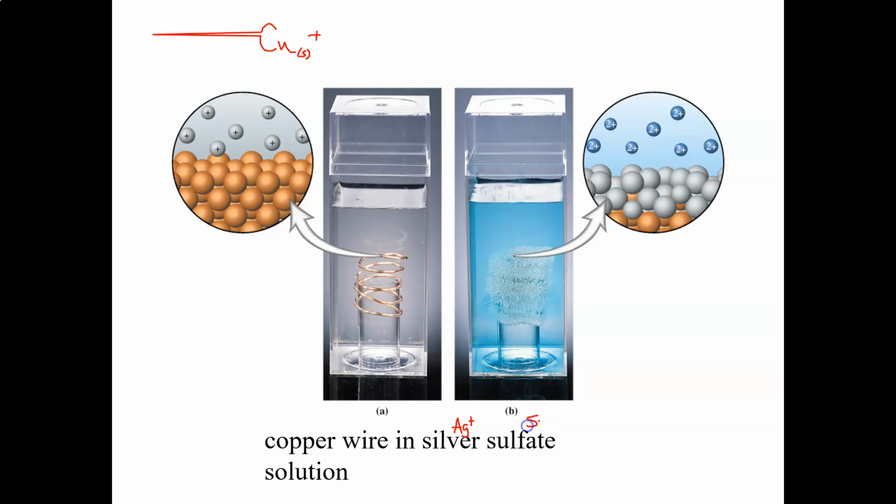Sulfate is SO4 with a -2 charge. So now I'm going to crisscross those together. This 2 here tells me I need 2 Ags. So I need 2 Ags and an SO4. And then this is aqueous because it's dissolved in water, right?